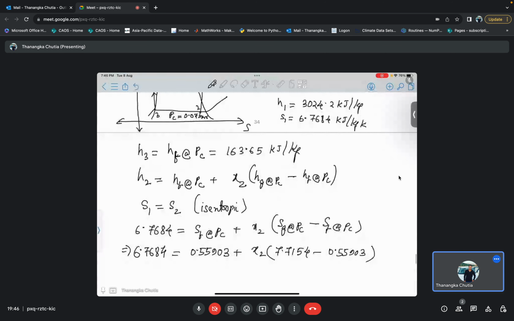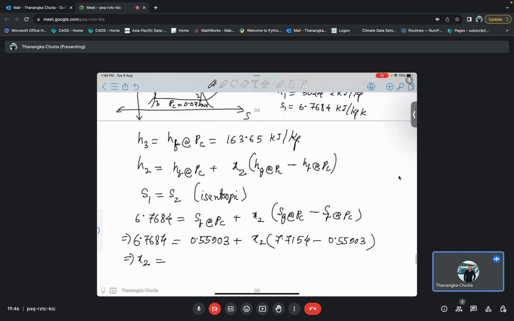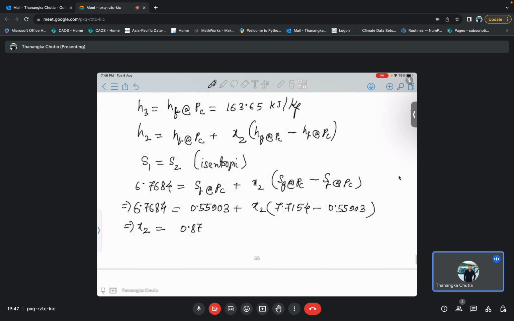From here I get X2 equal to 0.87. So this is the quality of the steam at the turbine exit.